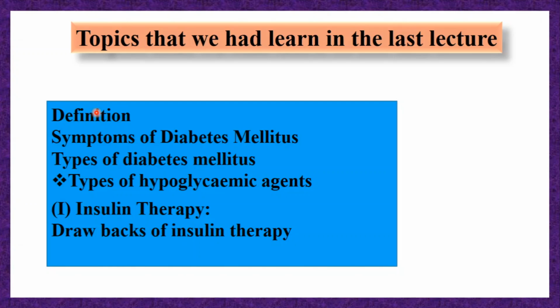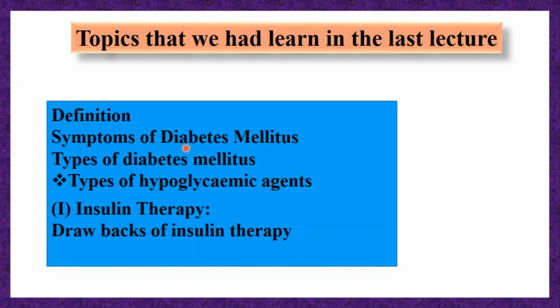Again, in the last lecture we learned the symptoms of diabetes. The symptoms of diabetes are due to higher blood glucose concentration: the osmotic pressure increases, and due to this there is an increase in blood volume and consequently the urine output increases, that is called polyuria.